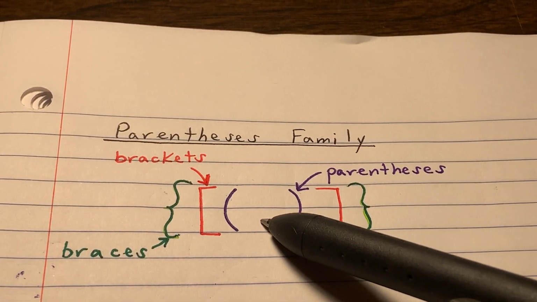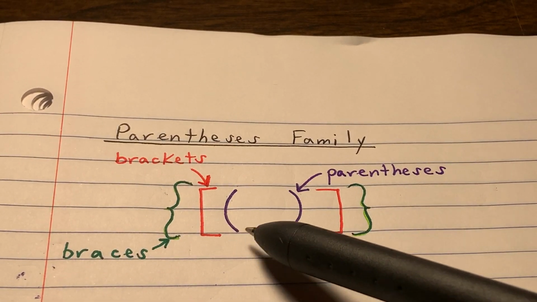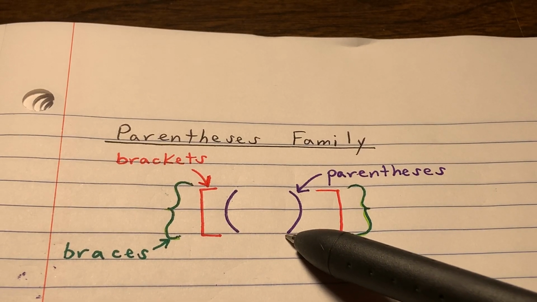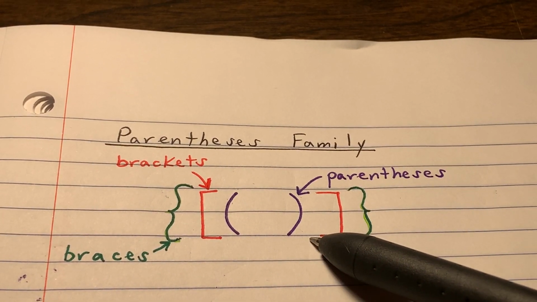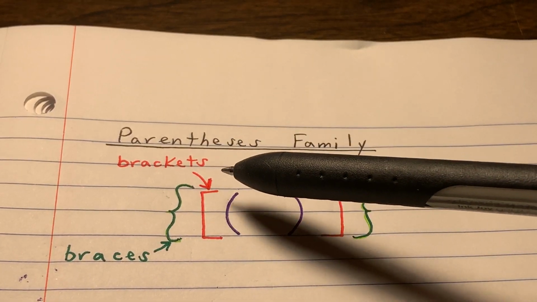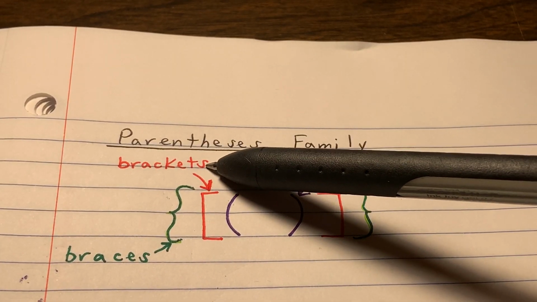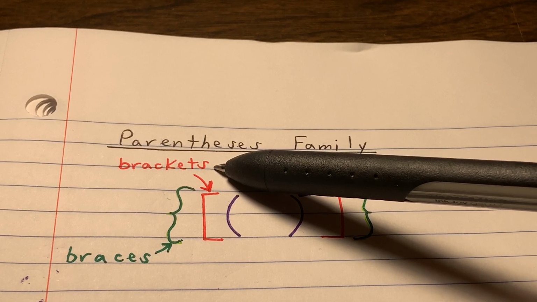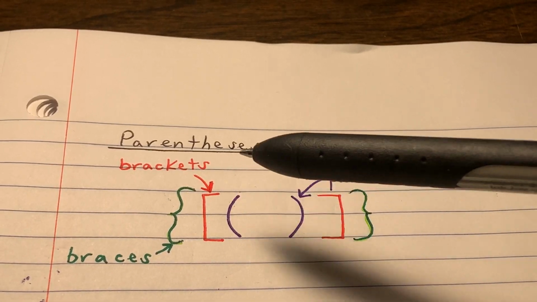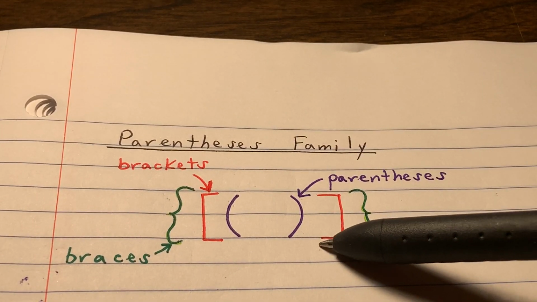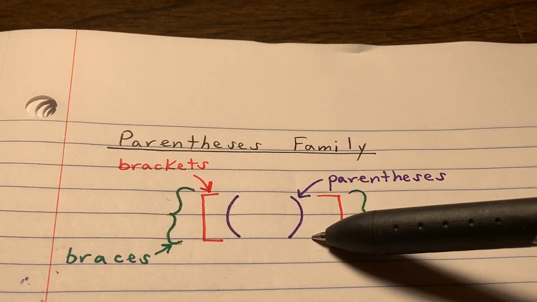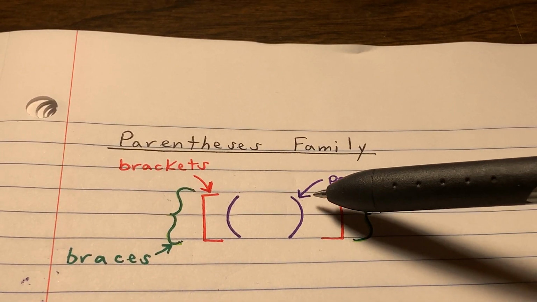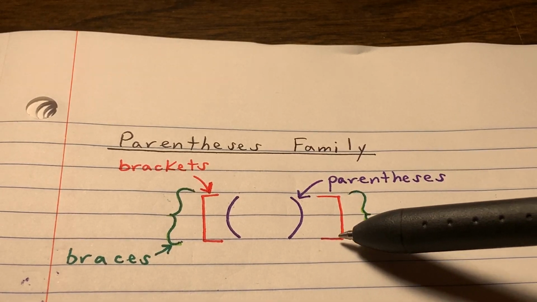But when you have a math problem that includes parentheses, but then another set of parentheses outside the parentheses, those parentheses are called brackets. Now, brackets are best drawn with sharp edges like this, kind of like a piece of a square or rectangle, right?